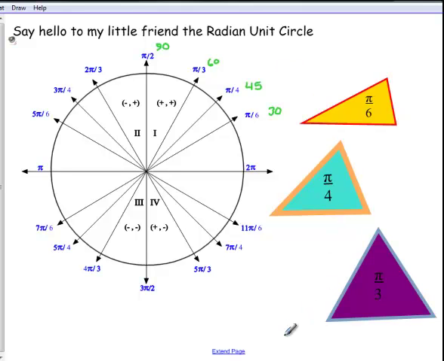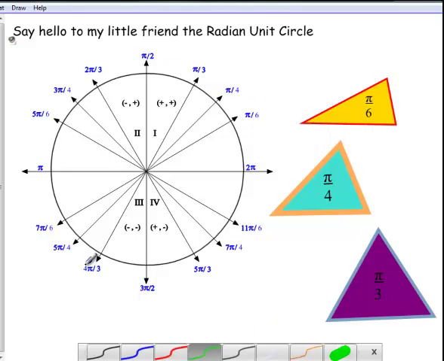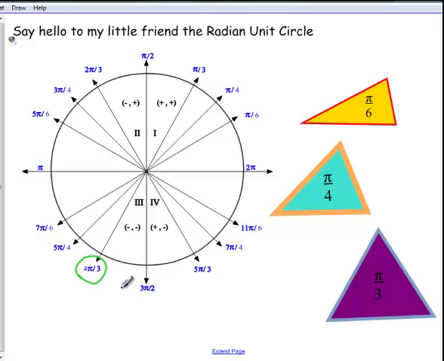So for example, let's pick this 4 pi over 3. This means I have 4/3 pi. So that means I have a full pi and a third of a pi more. And this is pi over 3.